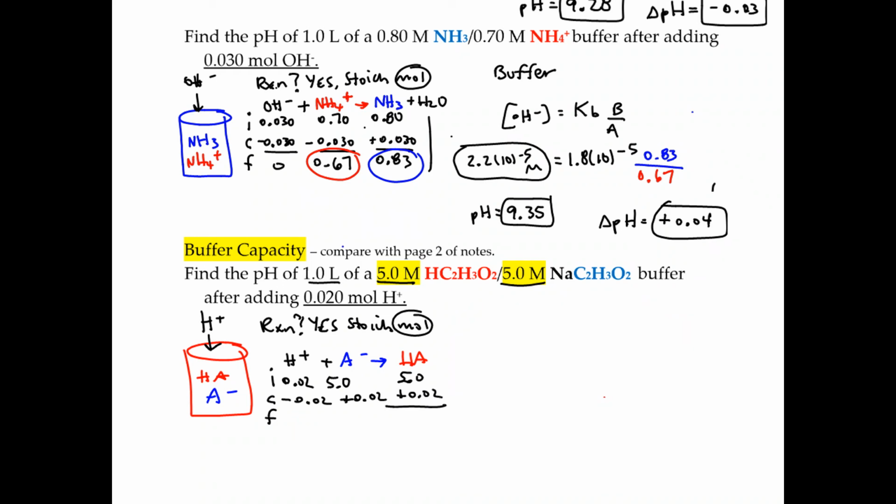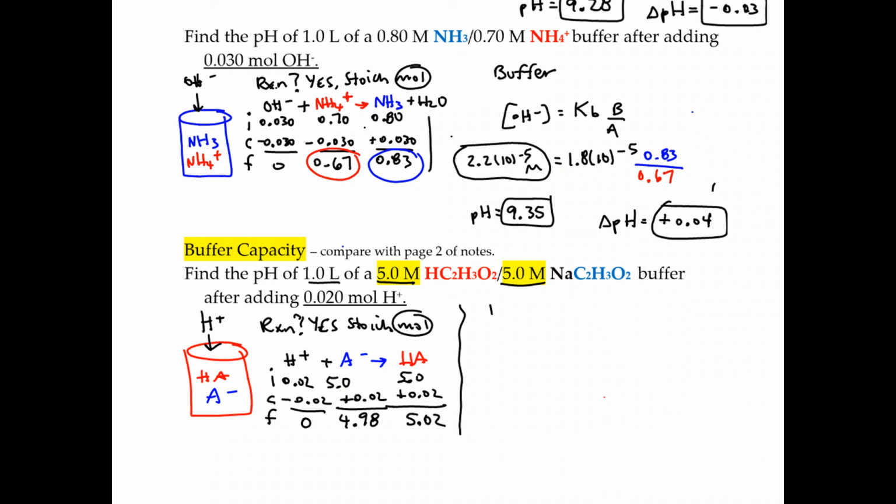Now with sig figs, I didn't line these up too well, but this is still going to pretty much come out to be 4.98. I'm getting a little sloppy with sig figs here. Okay, technically it should be 5.0, 5.0, but even if we do the 4.98 and 5.02, let's just see what happens.